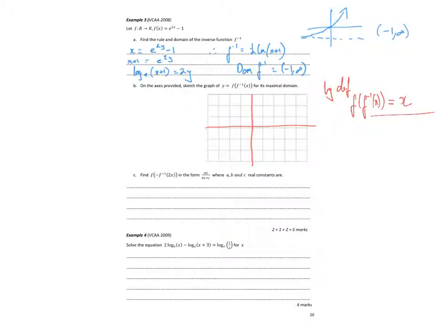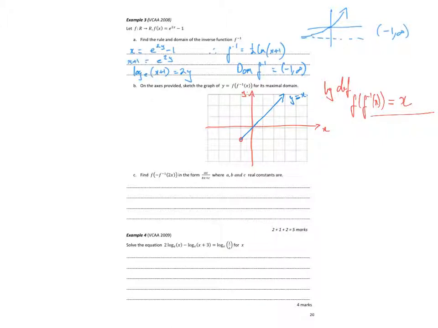So I'm just sketching the line y equals x, but between -1 and infinity. So it starts here, with a hollow dot, and we're going to go up. Okay, so maybe just put the line y equals x, just so it's clear.